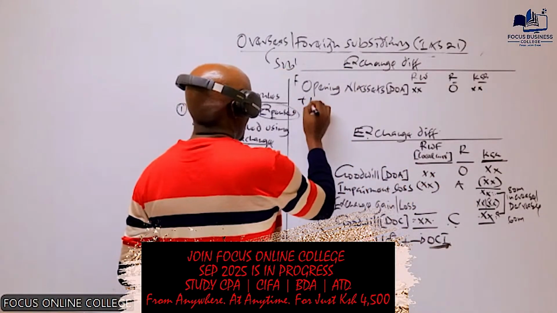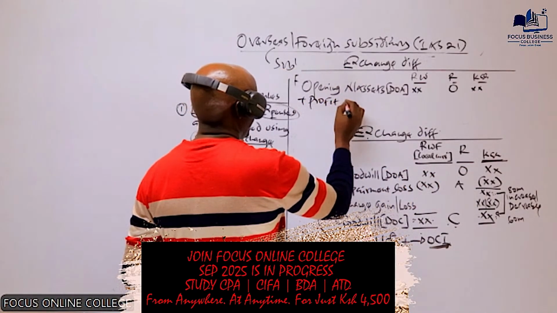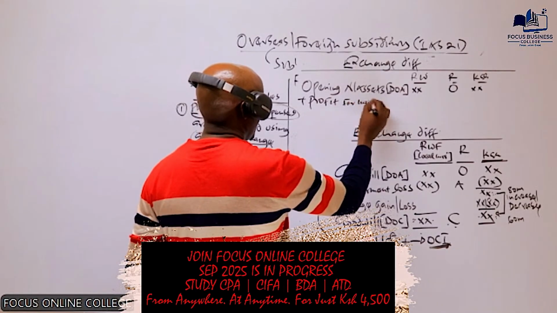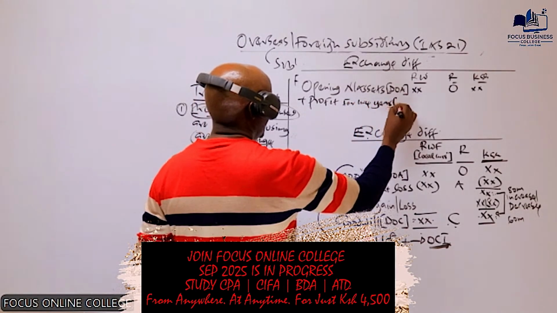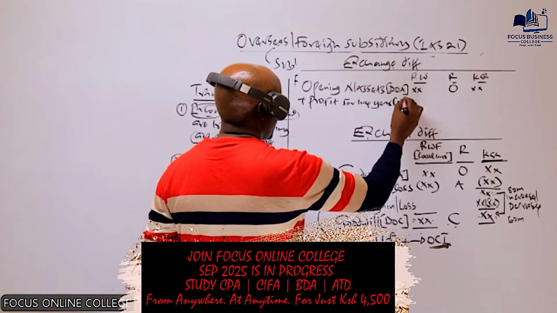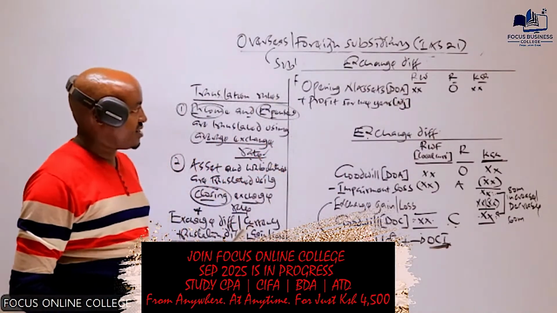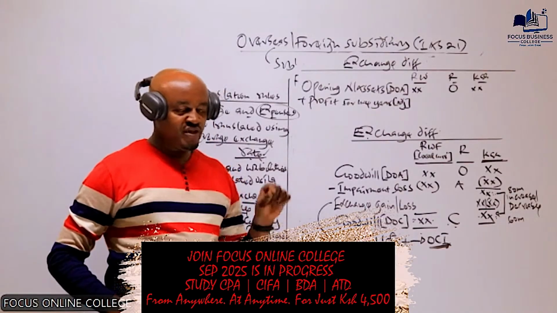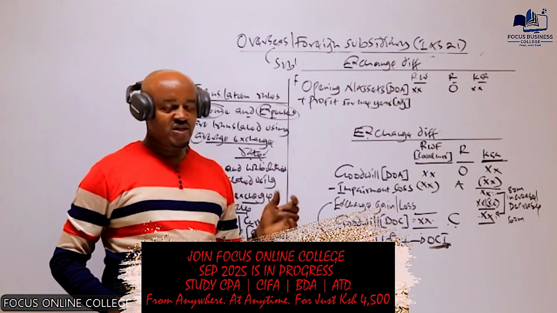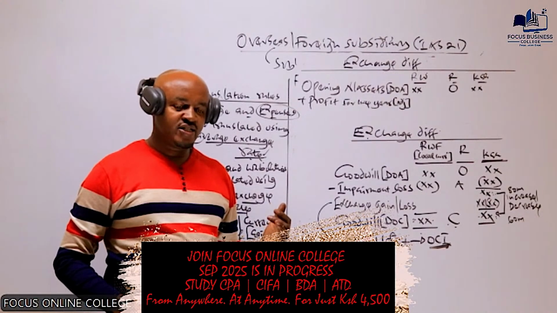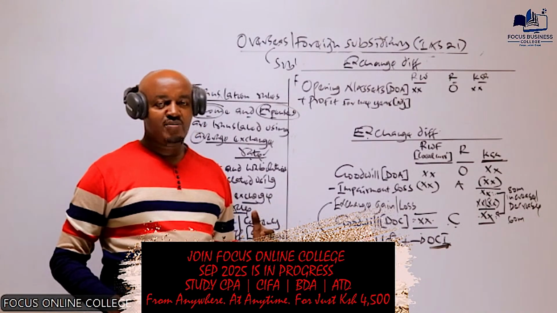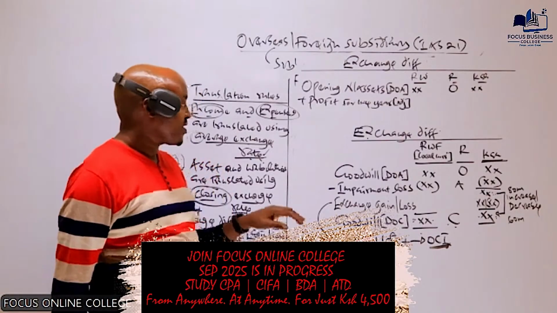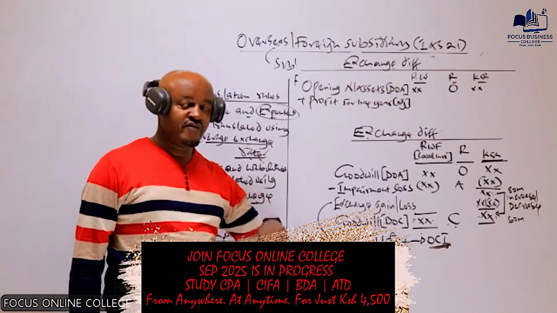And then to this, you add the profit for the year. Remember, this is the profit for the year for the subsidiary, in case there is some adjustment which should be effected in the income statement of the subsidiary, like a depreciation or other charge, maybe something like amortization, which was not accounted for by the foreign subsidiary as a result of fair value adjustment.